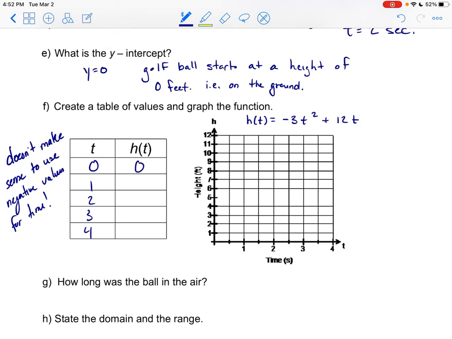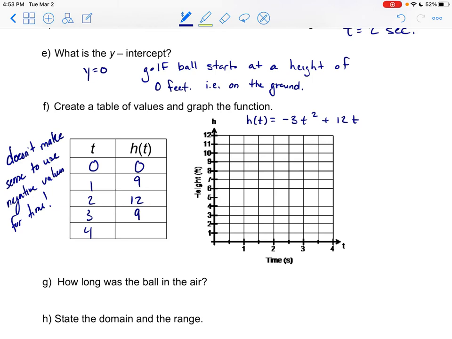We know that 2 equals 12. If we plug 1 here, we get minus 3 plus 12 is 9. 3 will give us minus 3 times 3 squared, so we're going to get 9 there again. So it'll be minus 3 times 9 is minus 27 plus 36.